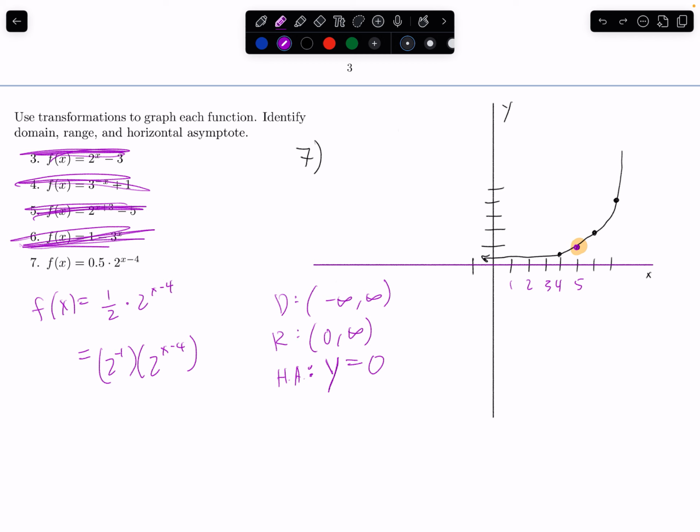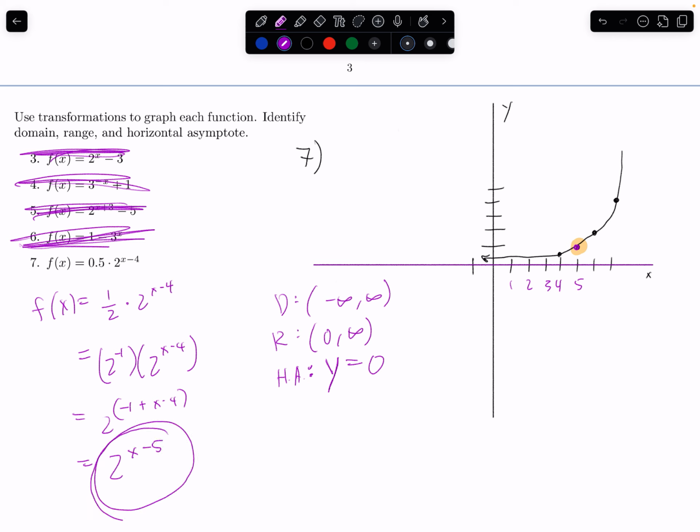It's like 2 to the 3rd times 2 to the 4th, which is 2 to the 3 plus 4, or 2 to the 7th. Same thing here: 2 to the negative 1 plus x minus 4 is 2 to the x minus 5.